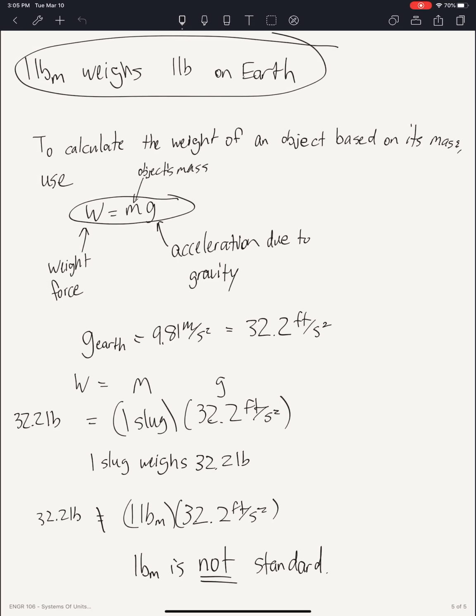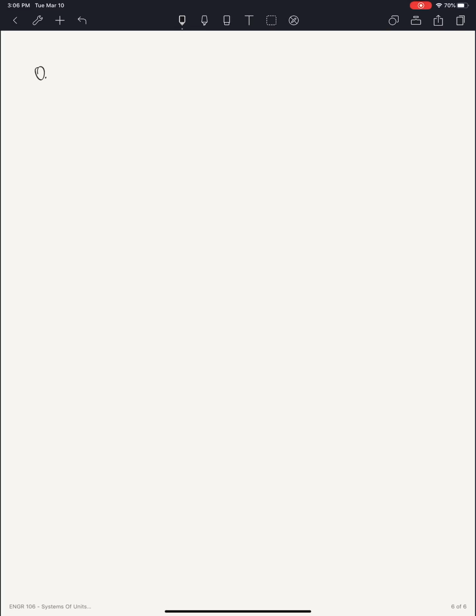Let me give you an example. An object, I'll just say a 5 pound object. A 5 pound object has what mass in slugs?